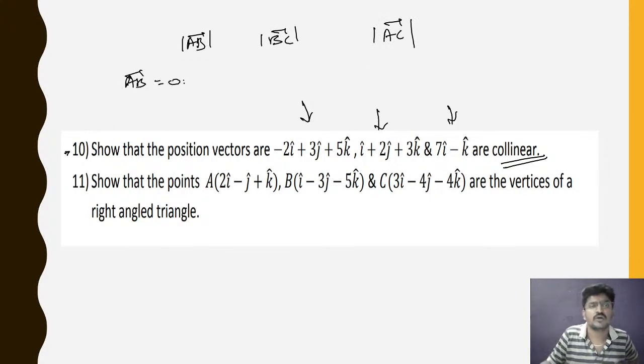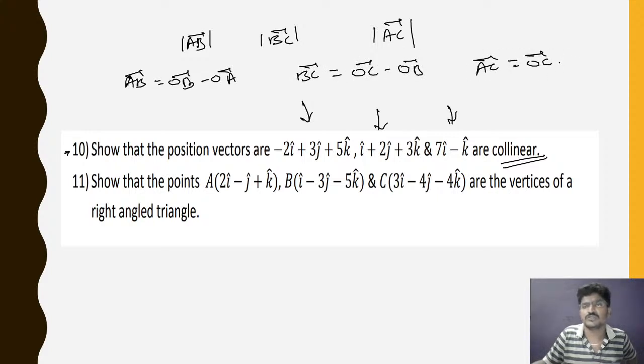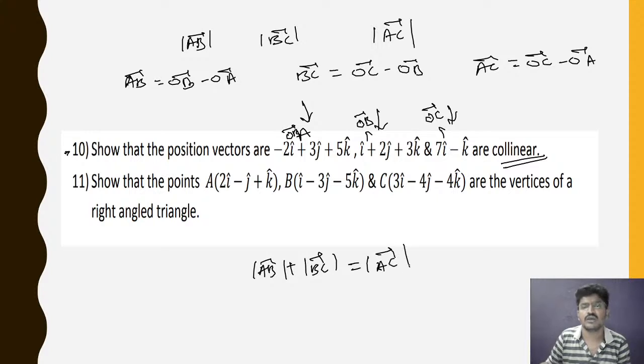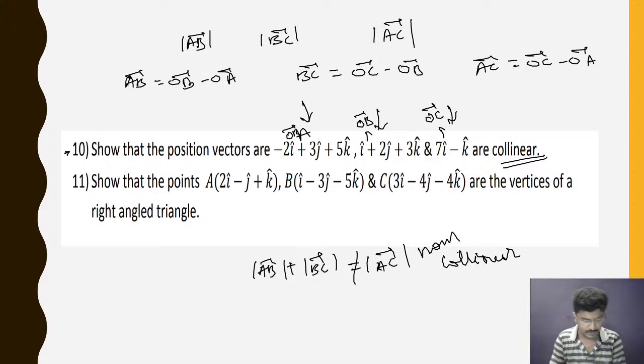AB equals OB minus OA, BC equals OC minus OB, AC equals OC minus OA. This is OA, this is OB, this is OC. And check whether it is going to be collinear or not. If it satisfies AB plus BC equals AC, collinear. If it does not satisfy, non-collinear. Okay, please remember it. Clear?